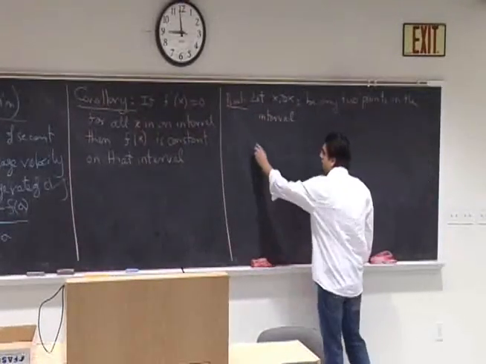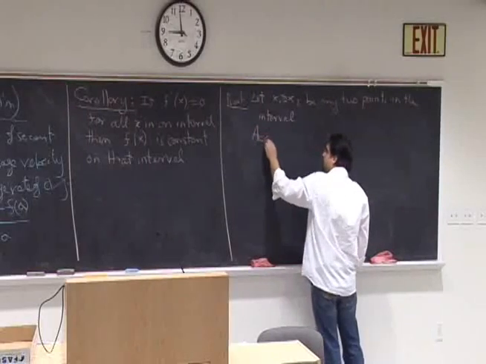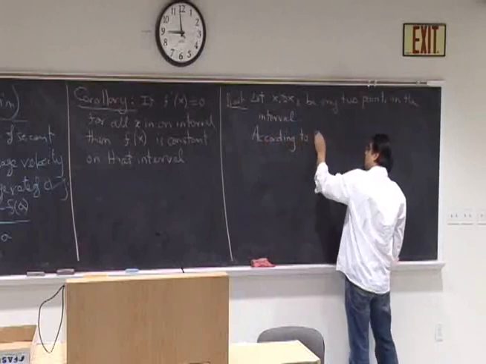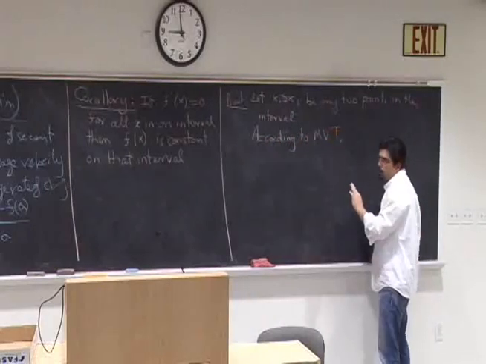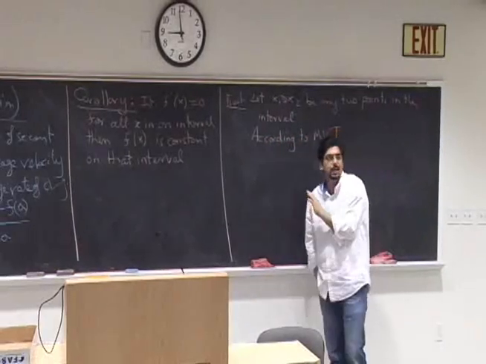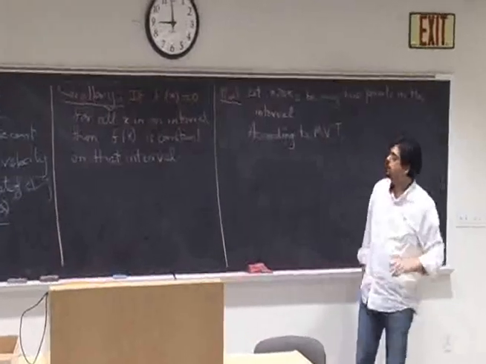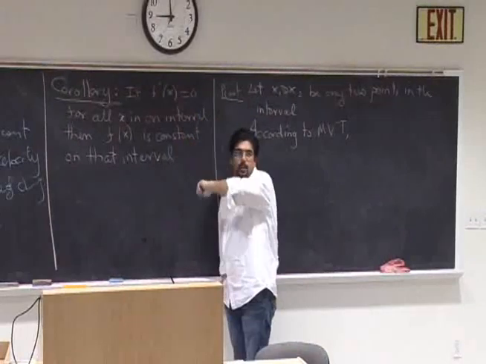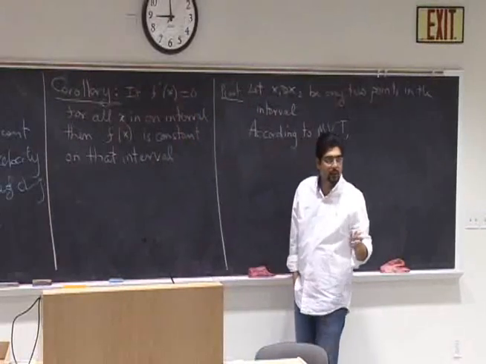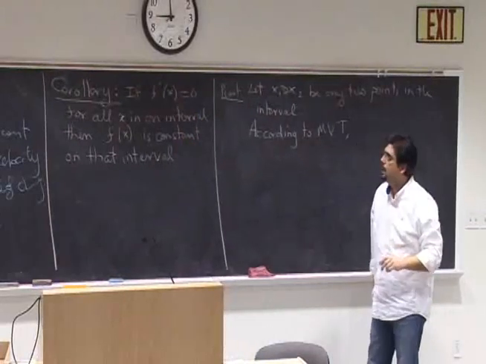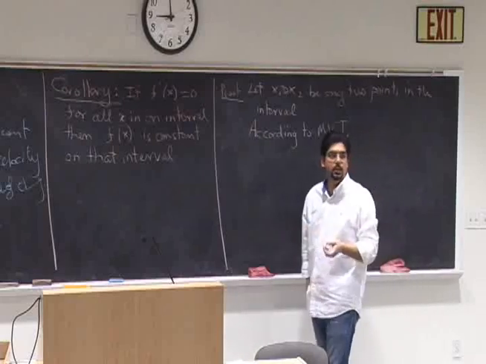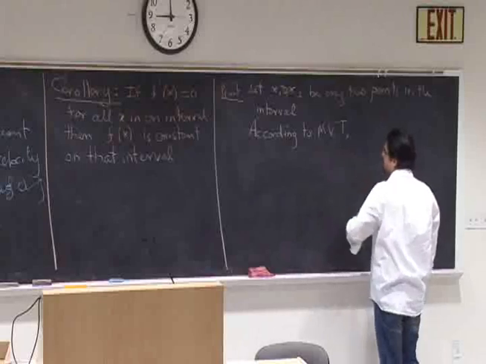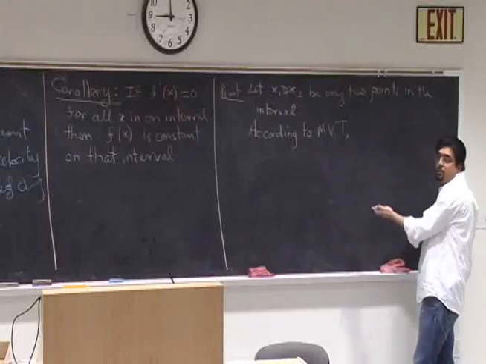Well, according to the mean value theorem, and I have to pause here for a minute and make sure that my function satisfies the conditions of the mean value theorem. Well, since we're talking about the derivative being zero everywhere, that means the derivative exists everywhere, right? And if the function is differentiable, then it's continuous. Yes? Okay. So we can say according to the mean value theorem, and then write the conclusion of the mean value theorem.